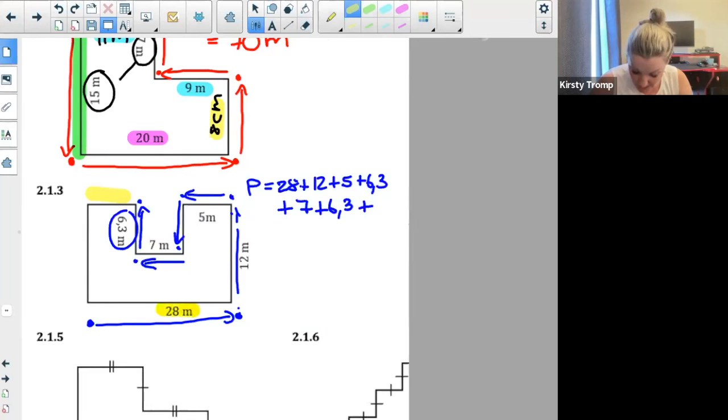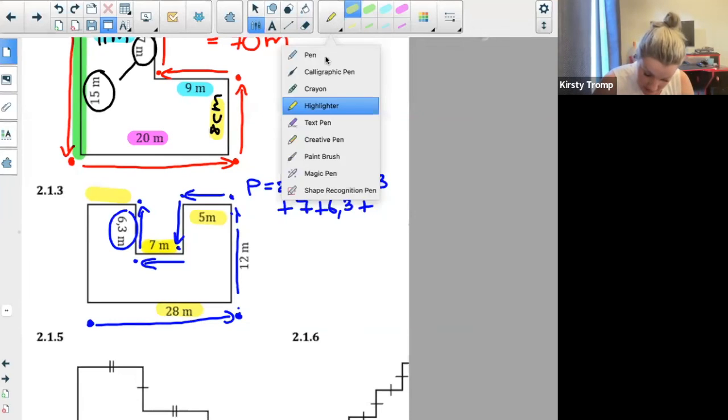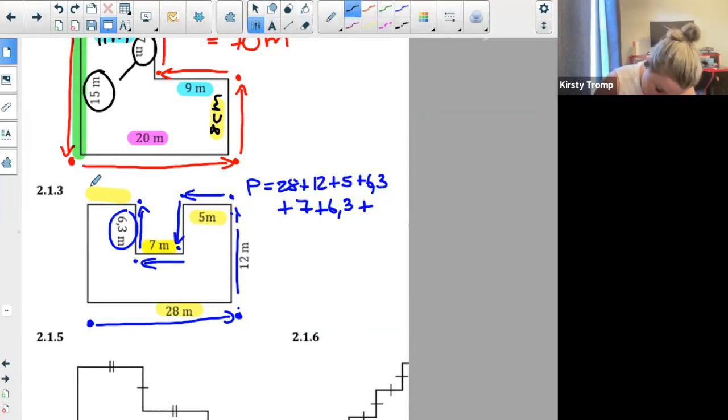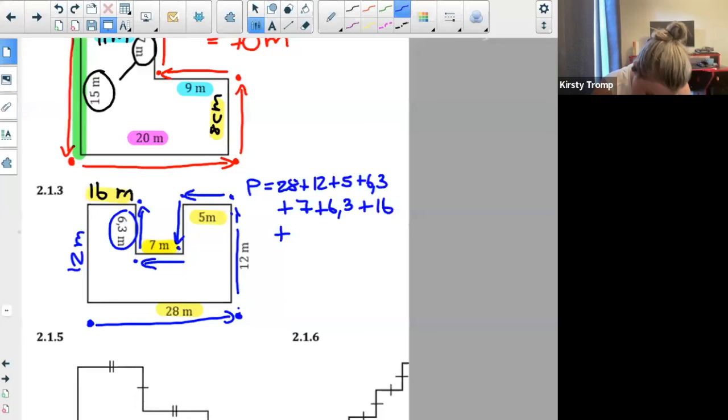So if we take 28 and subtract 5, that gives us 23. And then we subtract 7. 23 minus 7 gives us 16. All right, so plus 16 plus what's left to get this last one over here, and the last one is 12.